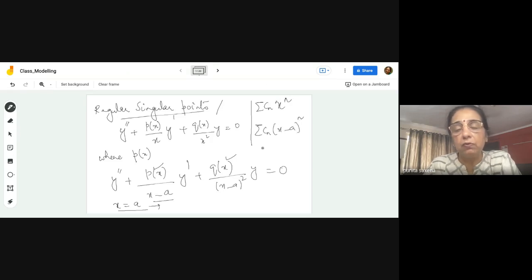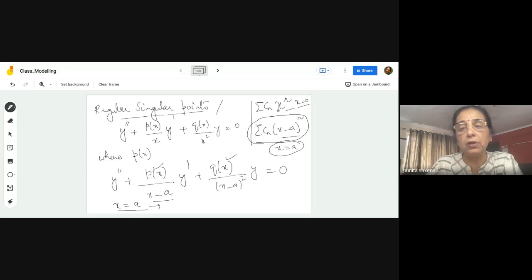So whenever we are talking of series in powers of x minus a, that means we are interested in the point x equal to a. But when we are talking of series in powers of x only, that means we are interested in the point x equal to 0.